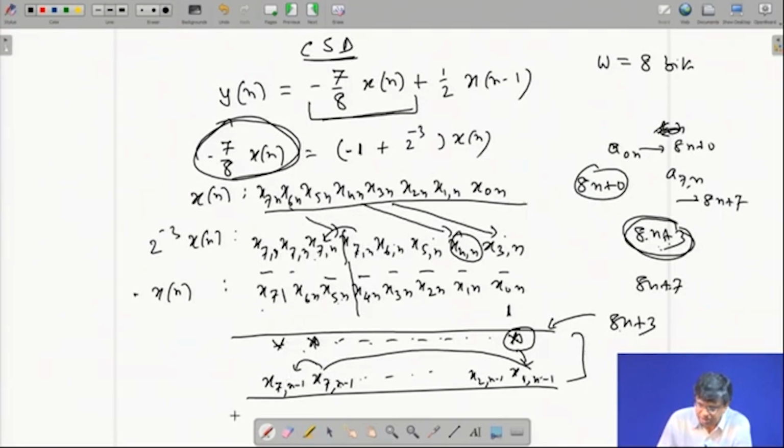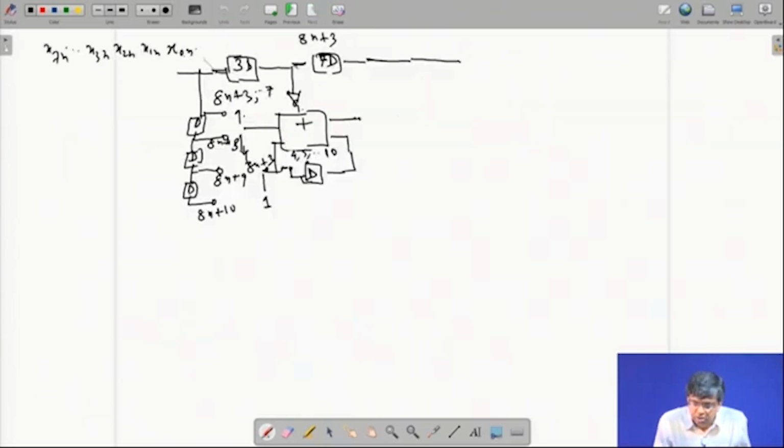The only problem will come when I need the extension. This has to be extended. This was 8n plus 3, 4, 5, 6. So what is this cycle? See, 3, 4, 5, 6, 7, 8, 9, 10. So at 9, whatever I get has to be extended to 10. So this will continue.